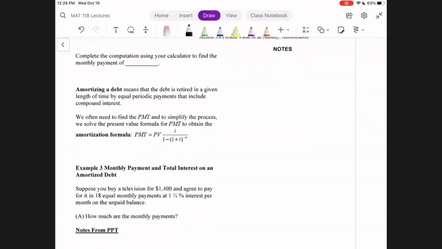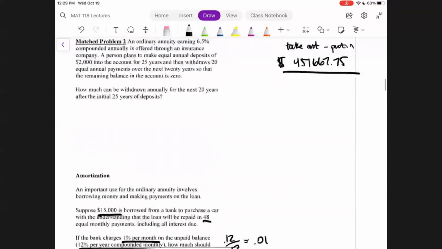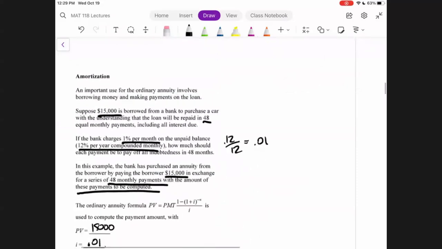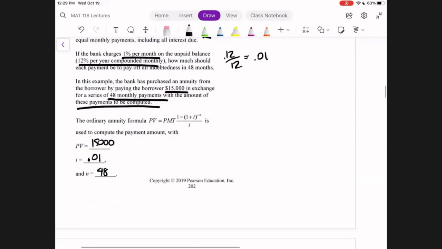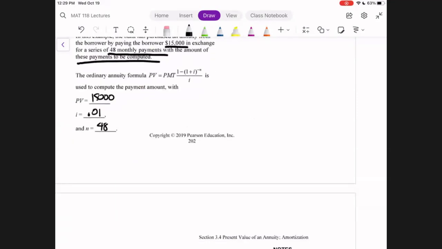You'll see it's a little bit different from the formula that we have. So amortizing a debt is when borrowing money and making payments on a loan. So not like a retirement account. This is used heavily, like let's say your car loan, house loan.